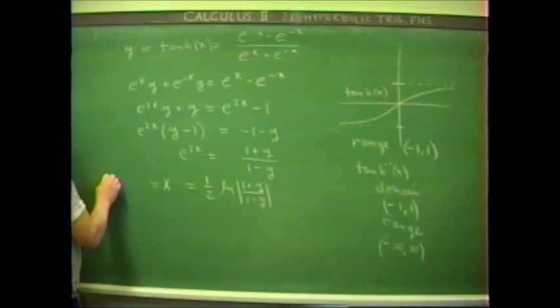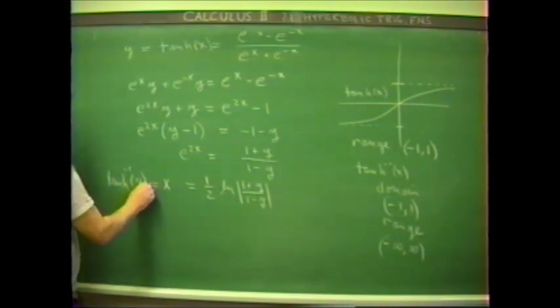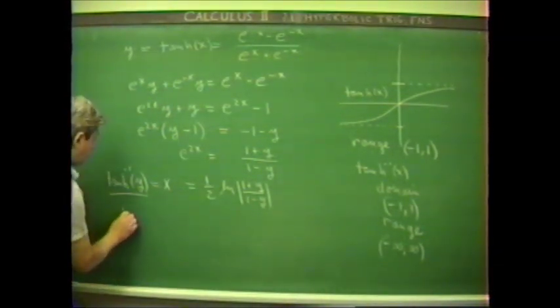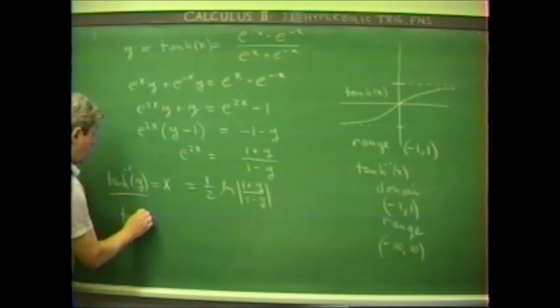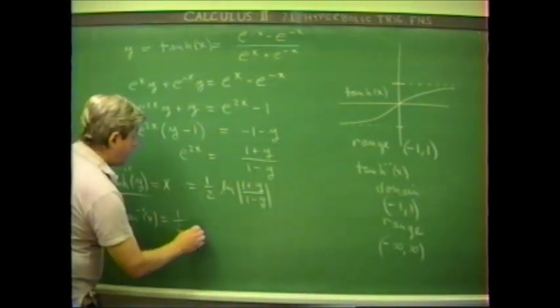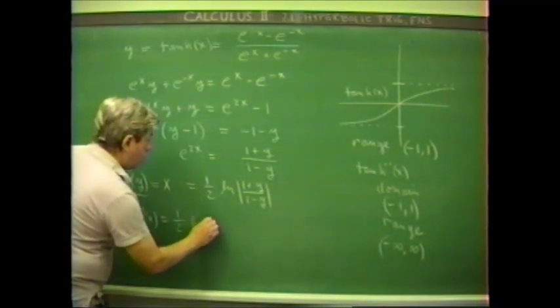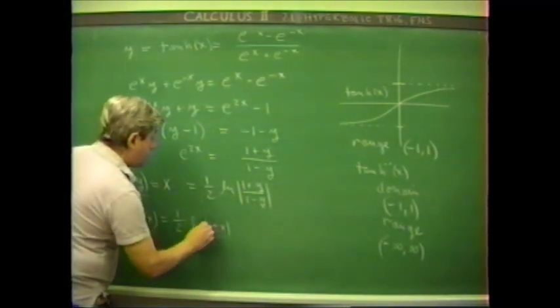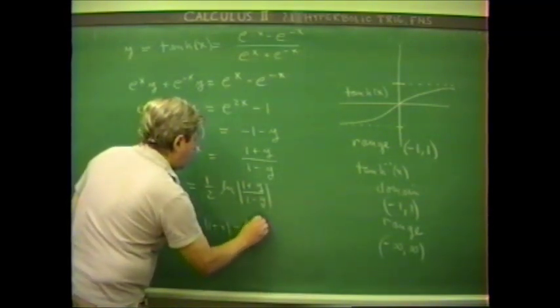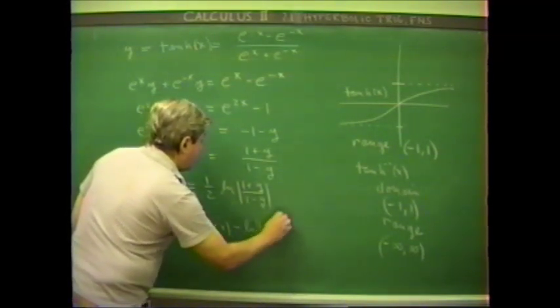So this is equal to the hyperbolic tangent inverse of y, or the hyperbolic tangent inverse of x is what you get if you put x in here. And that's sometimes written as 1/2 log 1 plus x minus log 1 minus x.